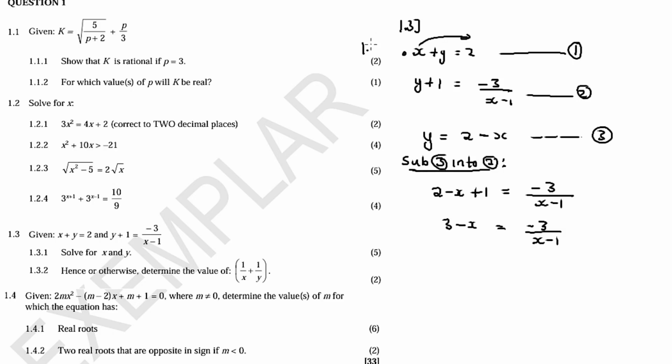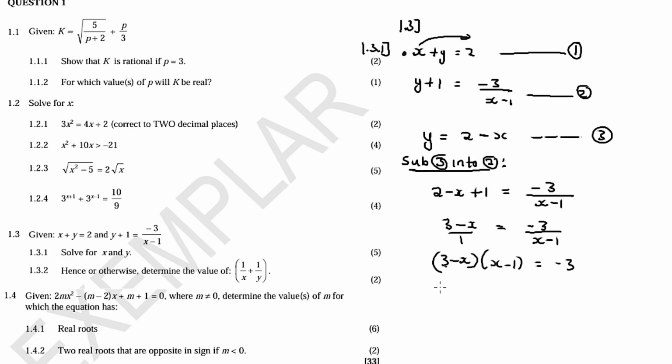So 1.3.1, we are solving for x and y, so simultaneous. Alright, then 3 minus x over 1, then we cross multiply.